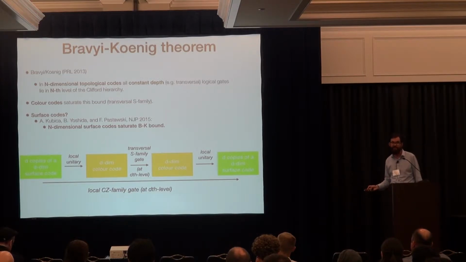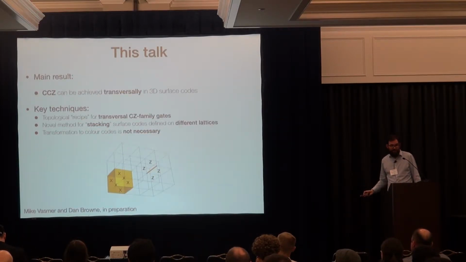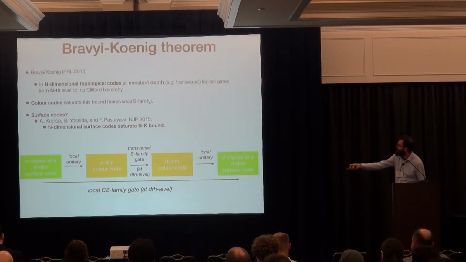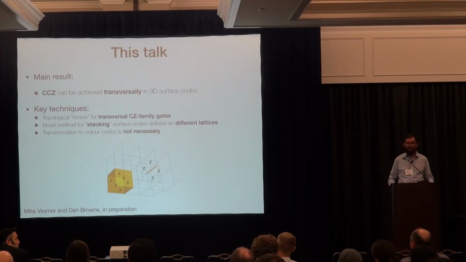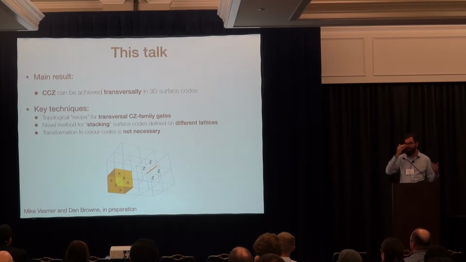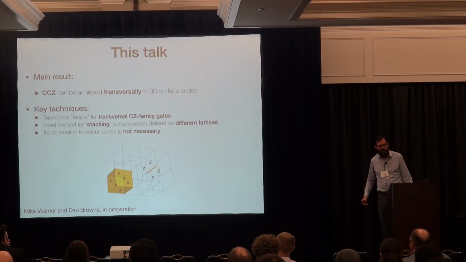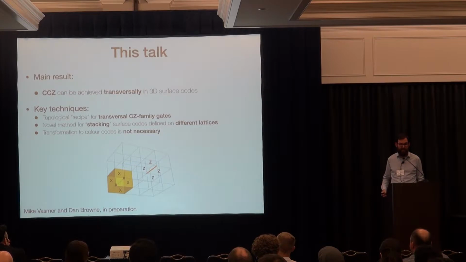So what our results in this talk represent really is a refinement of that, to show that not only can they achieve local realizations of a CCZ gate in a 3D surface code by transforming to color codes, we can do it natively. So the surface code on its own supports a transversal CCZ gate.